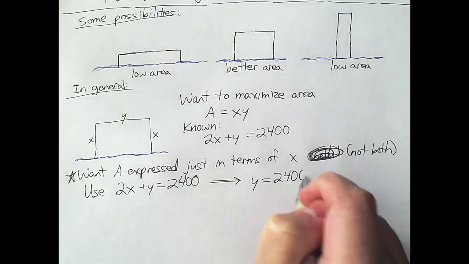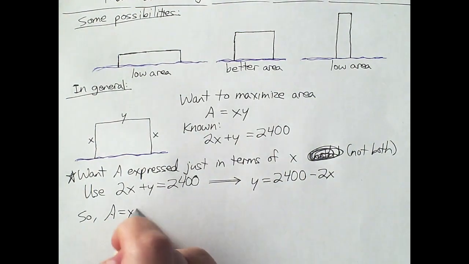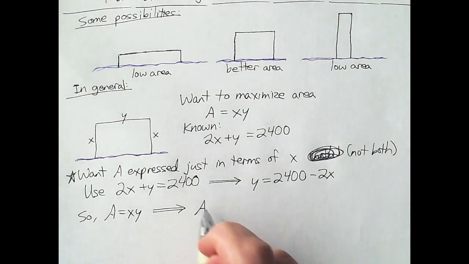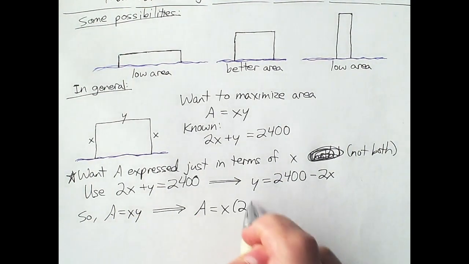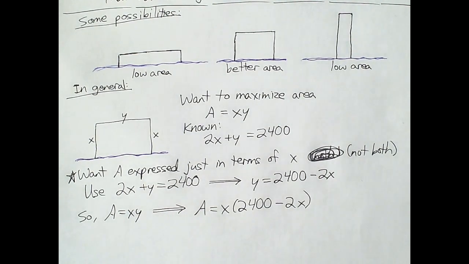And then we'll be able to substitute that into the area equation. So A equals xy can be rewritten as A equals x times this. And now we've done it. We wrote the area in terms of one variable, x.